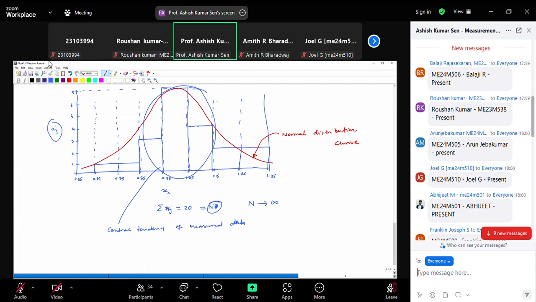Now, talking about the normal distribution curve, it is indicated by an equation where P(x) is called the probability density function.